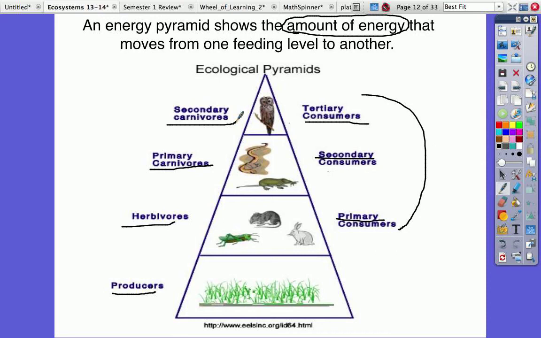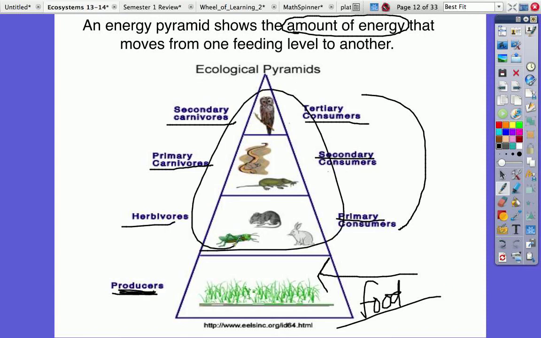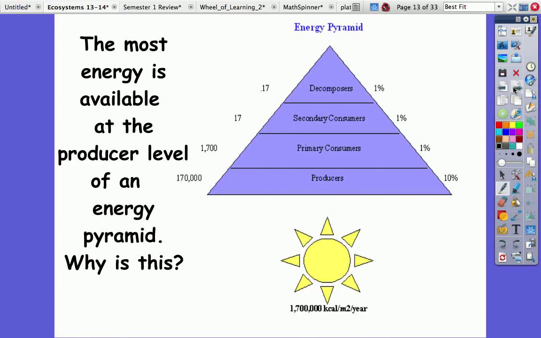The majority of the energy is at the producer level due to the fact that they are able to make their own food. Producers are the only organisms that can make their own food. Everything else has to eat in order to gain any form of food or energy. So again, the most energy is available at the producer level.